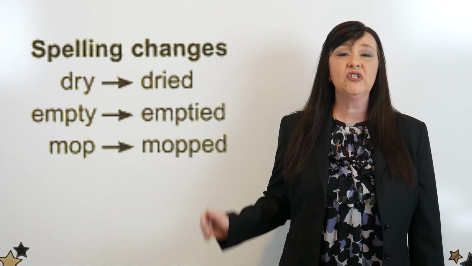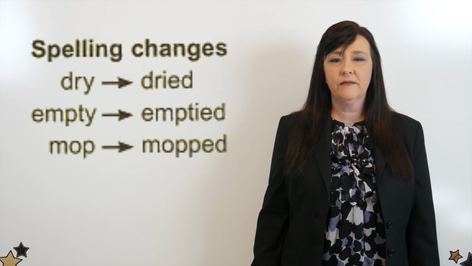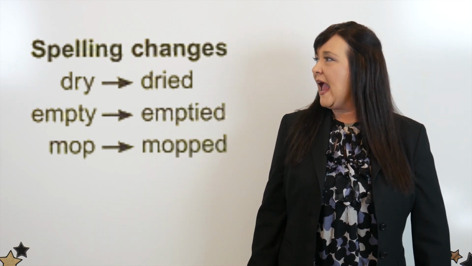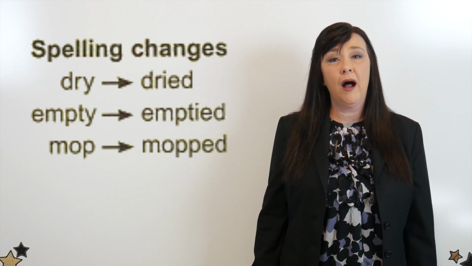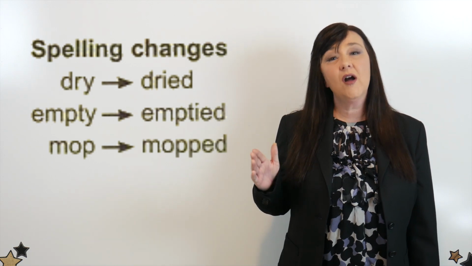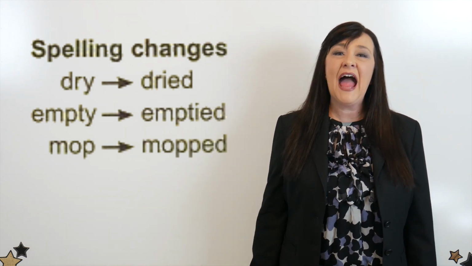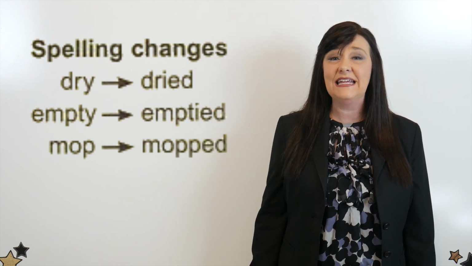Another spelling change that you see is in the word mop. Why did we add another P? Well, words like mop, which are a consonant, vowel, consonant, you have to double the last consonant before you add ed.